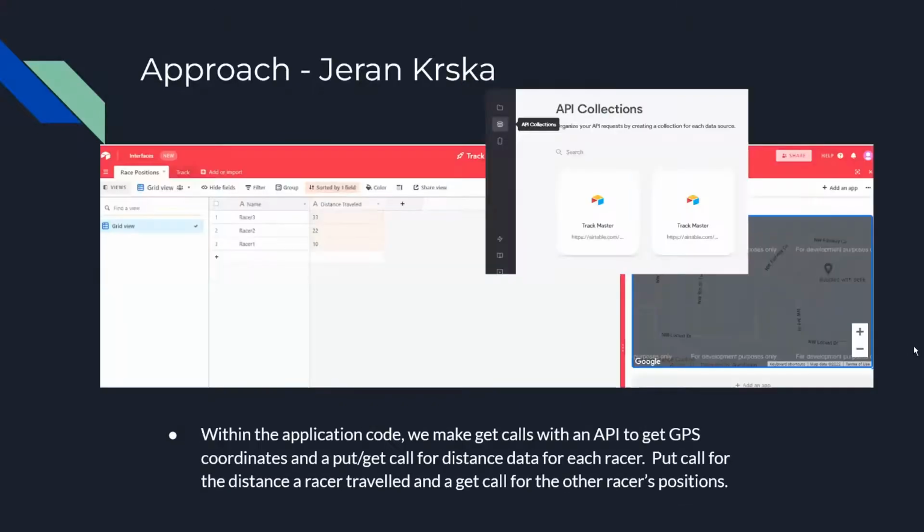Next slide. So to get these put calls and get calls for where these vectors are going to be, we have to get GPS coordinates, and we do that using Google Maps, which is just an API function that you rent, and when you do a get call to it in our code, the get call pulls the GPS coordinates from Google.